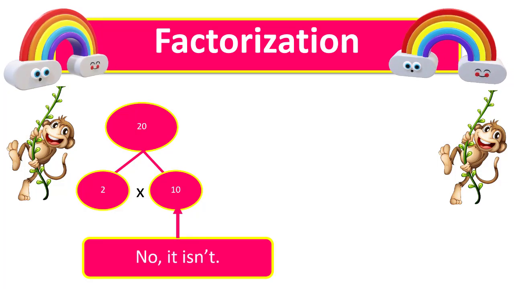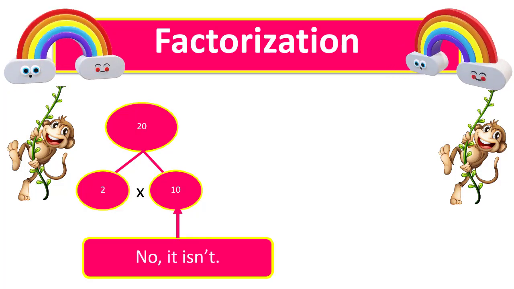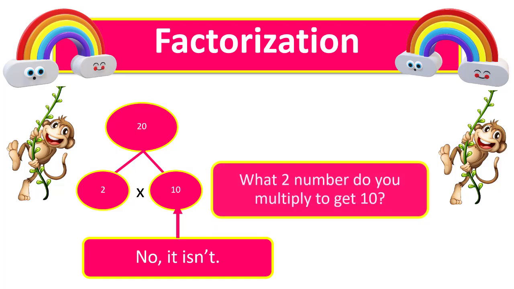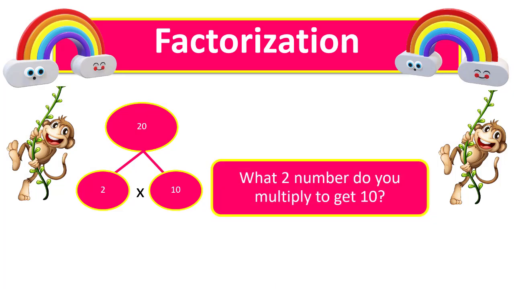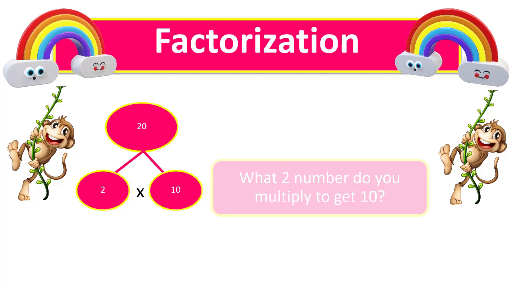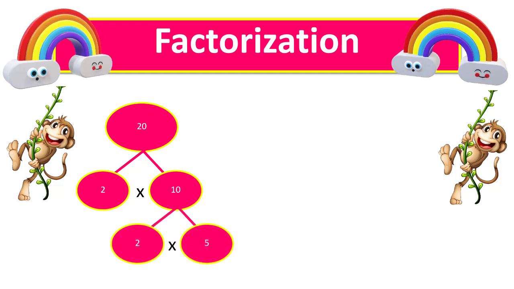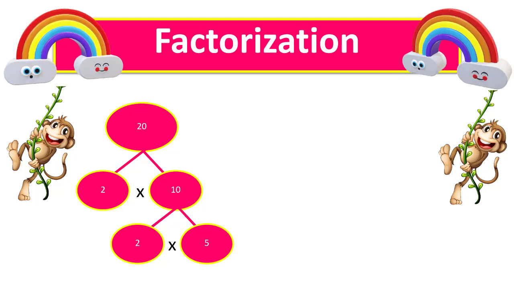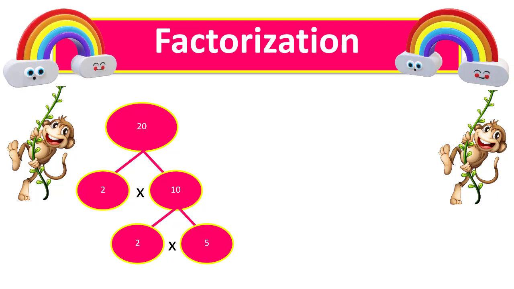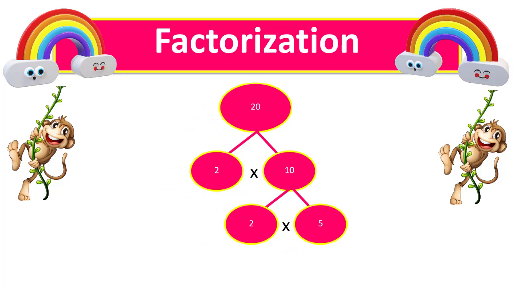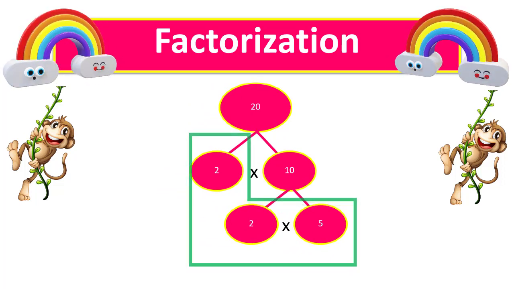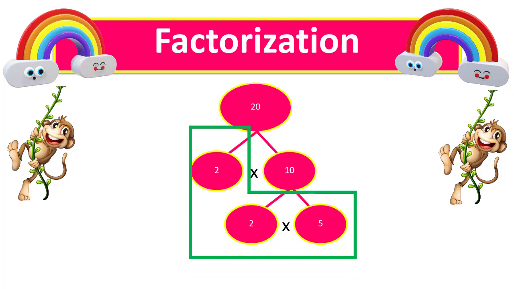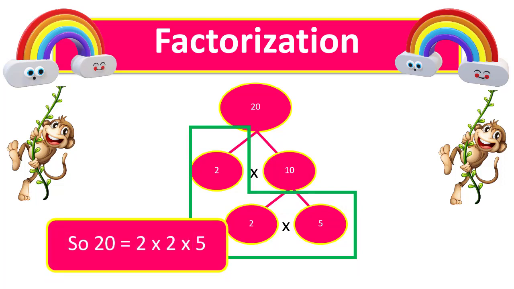No, it is not. So we have to factorize number 10. What two number do you multiply to get 10? Very good. It's 2 times 5, right? So now we already have all the prime factors. So the factorization of 20 is 2 times 2 times 5.